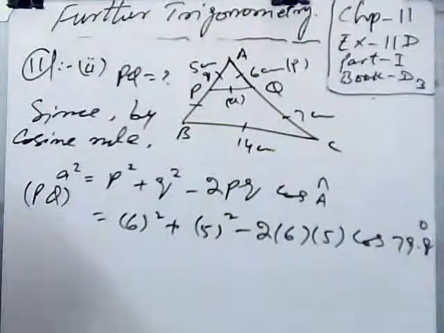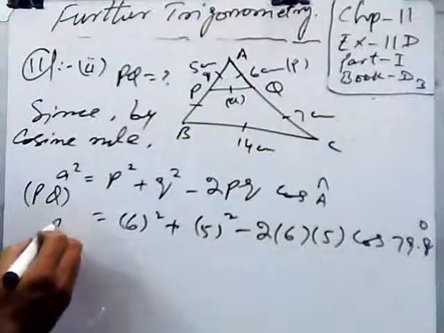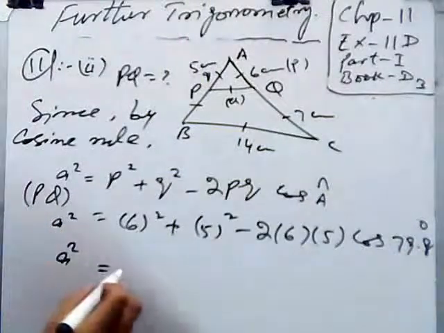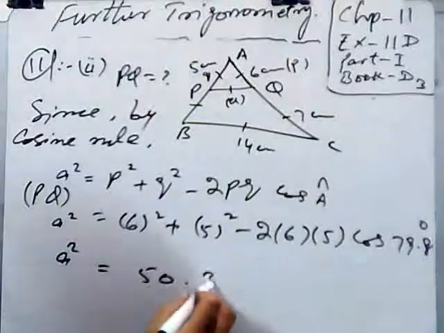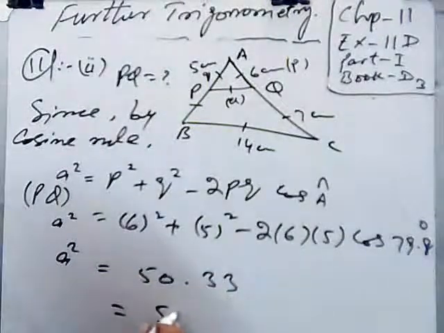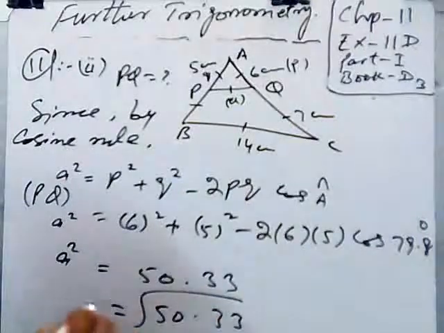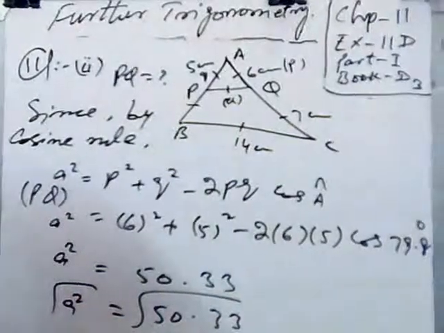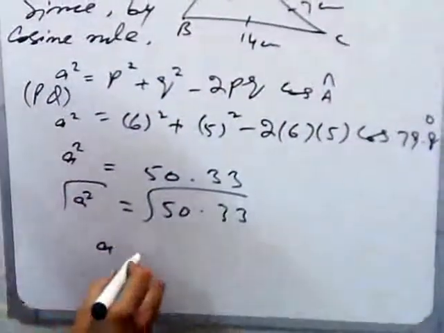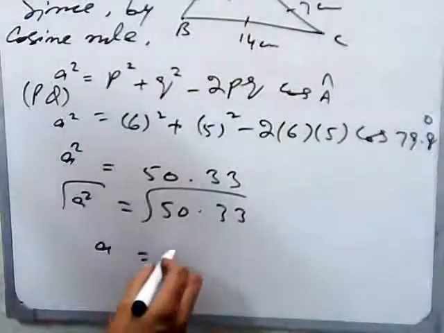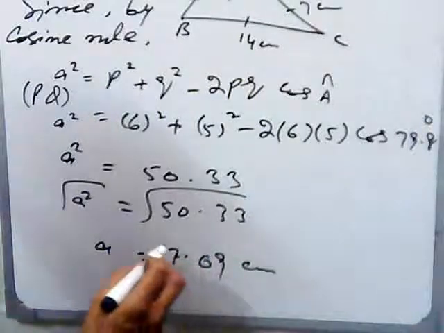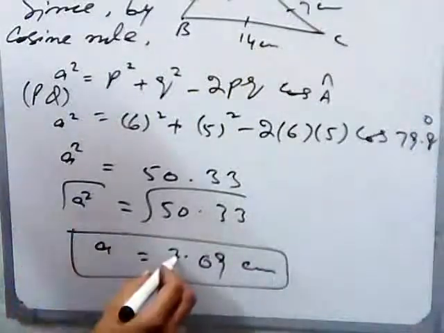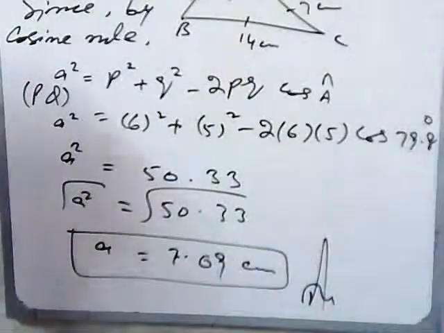So after simplification, the value of a squared is 50.33, but we don't need this, we need only a. So the value of a is 7.09 centimeter by taking the square root. So that is your result.